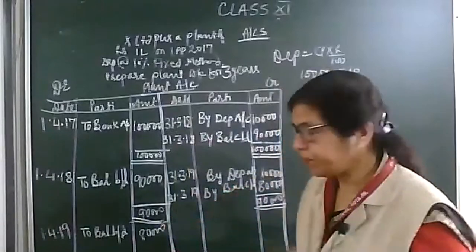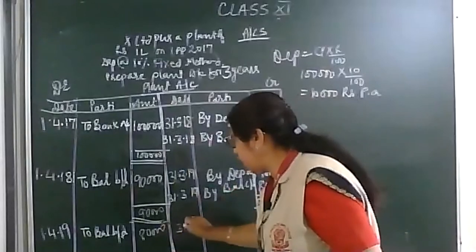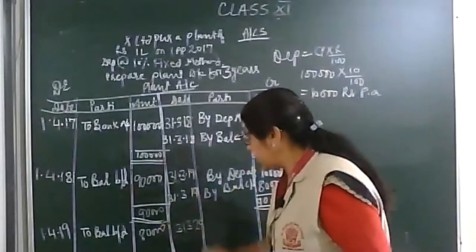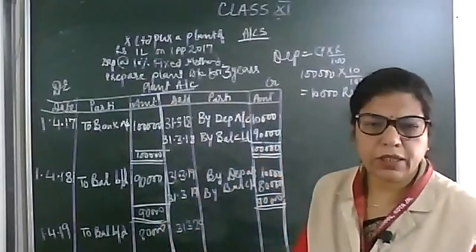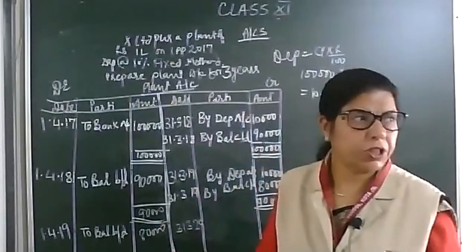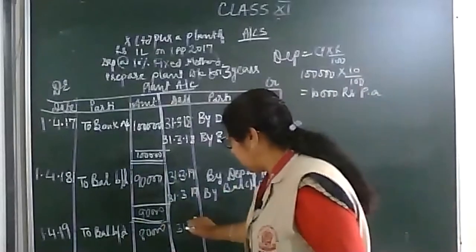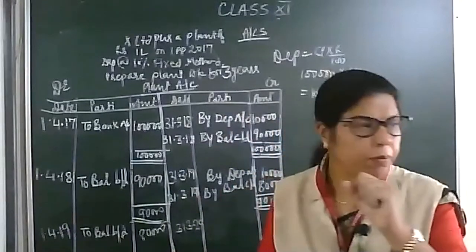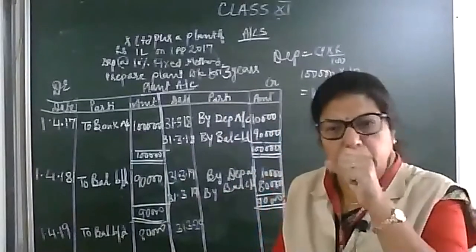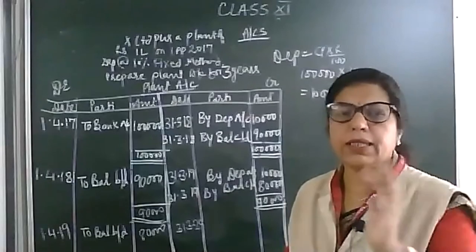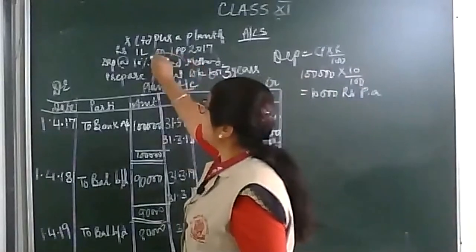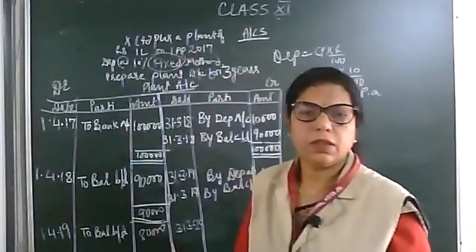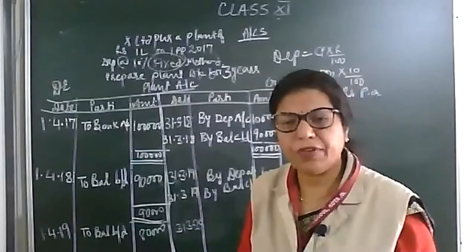Now, 31st March 2020. What will be the depreciation amount? Same. Why same? Because the method is fixed.